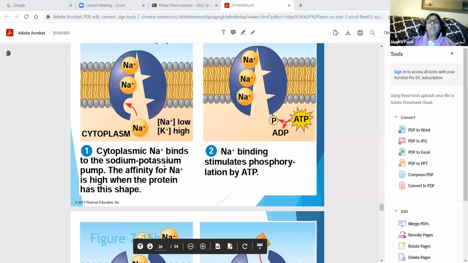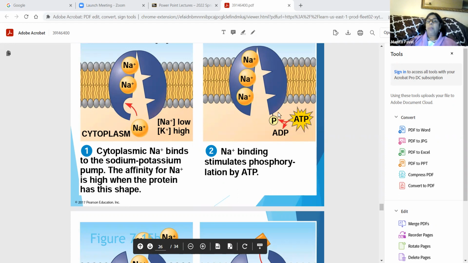So we saw here that a cytoplasmic sodium ion binds to the sodium potassium pump. The affinity for sodium ions is high when the protein has this shape. So it has to change its shape. And here, sodium binding stimulates phosphorylation. The breaking of the phosphate bond is the process of ATP being simplified.